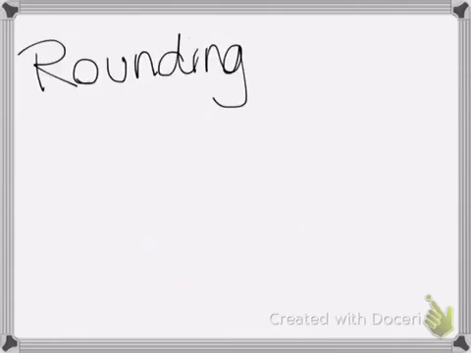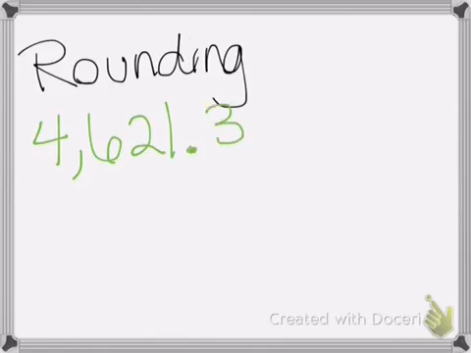Our last one is rounding decimals, and they're expected to round whole numbers, which they've been doing for many years, but they're also expected to round decimals this year, and they're expected to round to the tenths and the hundredths place. So if they have 4,621 and let's see here, 394 thousandths. Let's say they're expected to round to the nearest tenth.